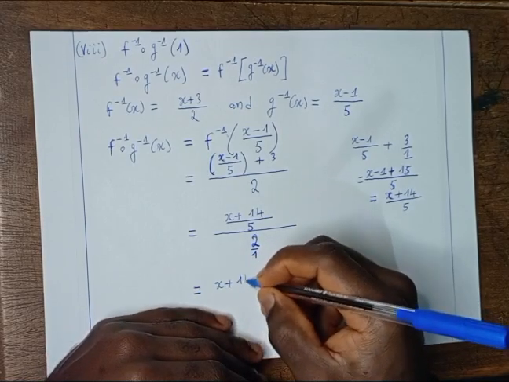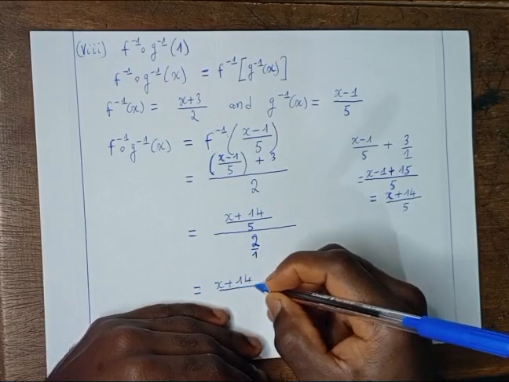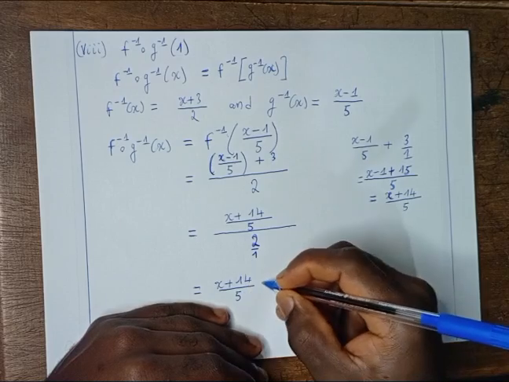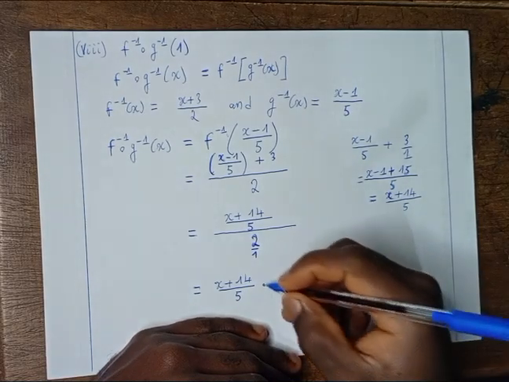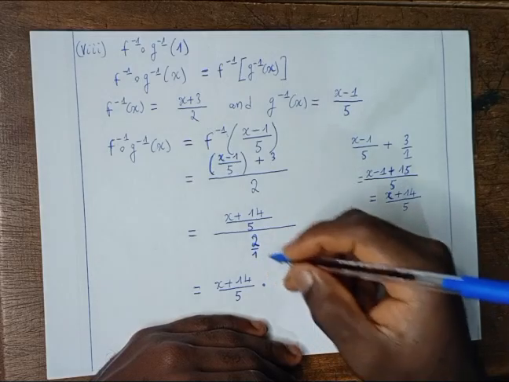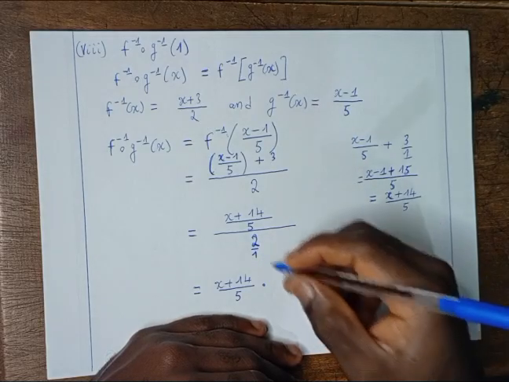So this will simply give us x plus 14 over 5, times, I'll put the dot here for multiplication, we are going to invert the last fraction.